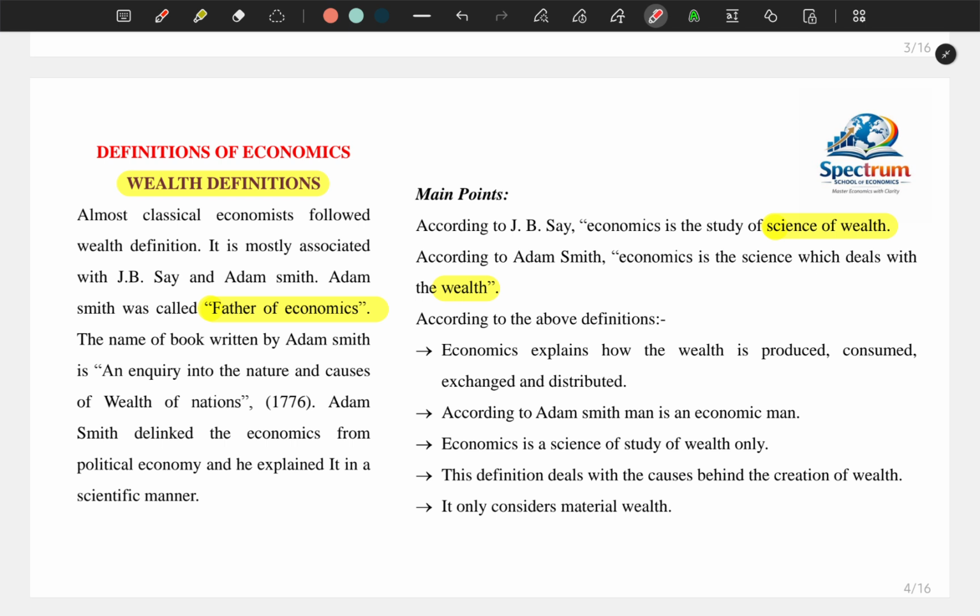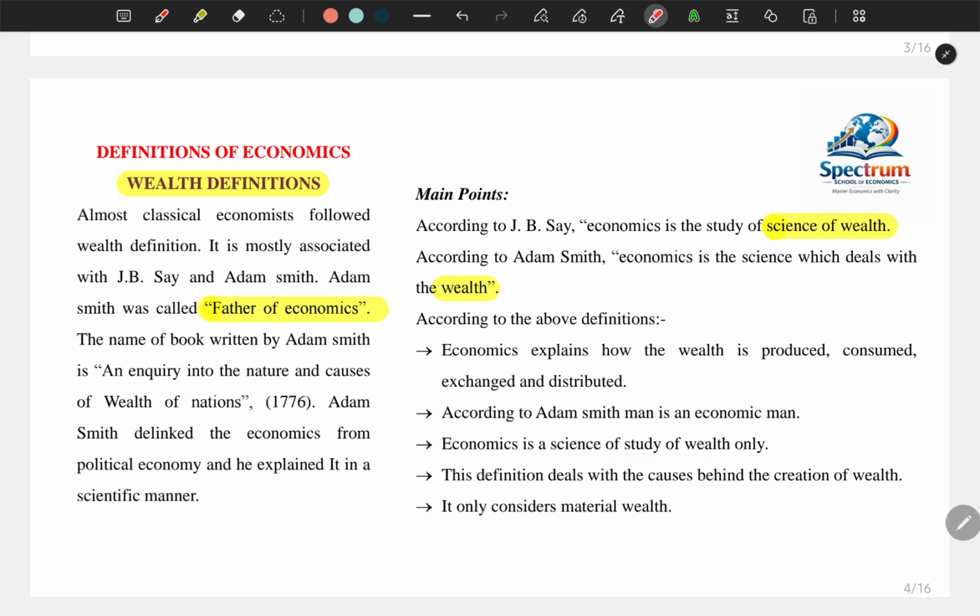According to this definition, economics explains how wealth is produced, consumed, exchanged and distributed. According to Adam Smith, man is an economic man, and economics is a science of the study of wealth only.